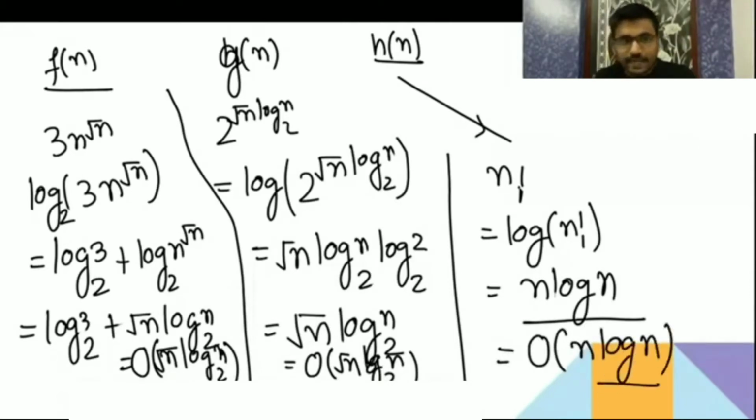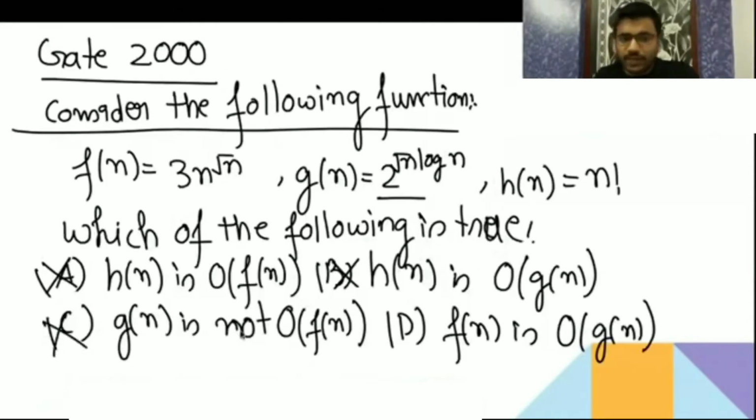So you can say that Fn is big O of Gn, and even Gn is big O of Fn, because it's just a constant, some 1 point something. It is not going to affect anything. So the statement is also false.